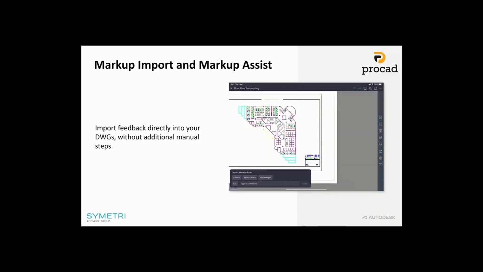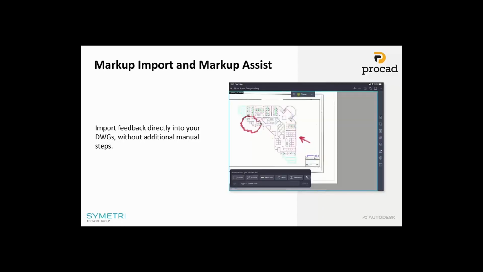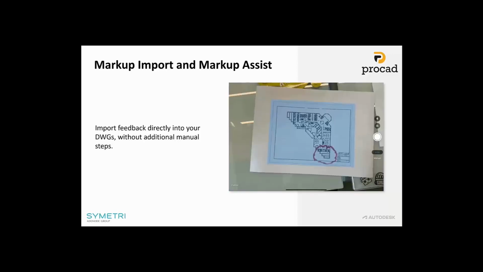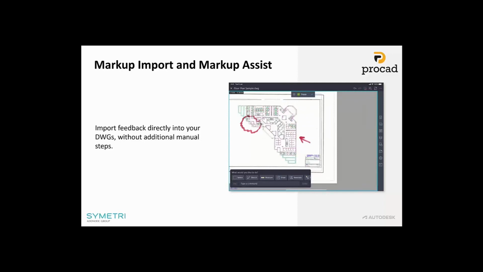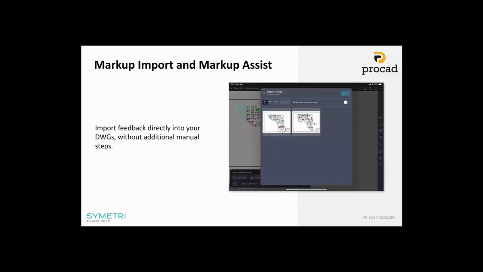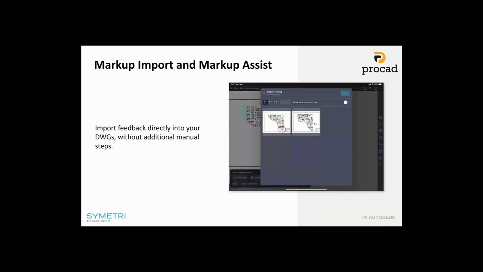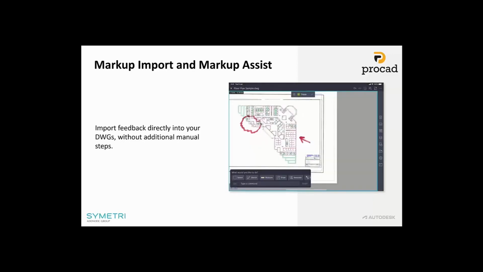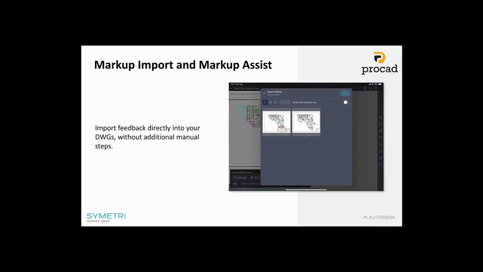And it even has things like text recognition, or OCR. So if you have text on those PDFs or scanned documents, it'll attempt to turn that into a text object within AutoCAD. Basically, they're trying to remove as many barriers or steps as possible for getting feedback into your drawings. So again, removing all those unnecessary steps in between.